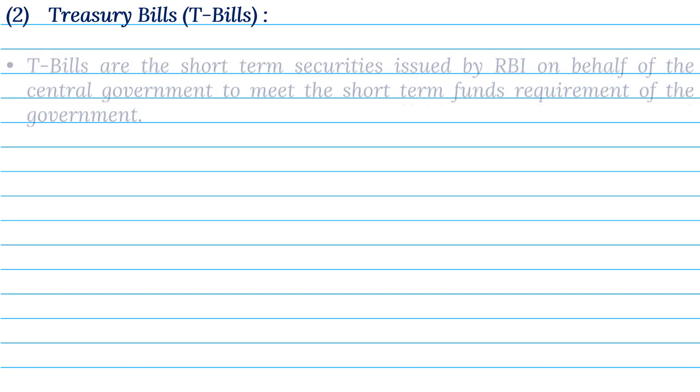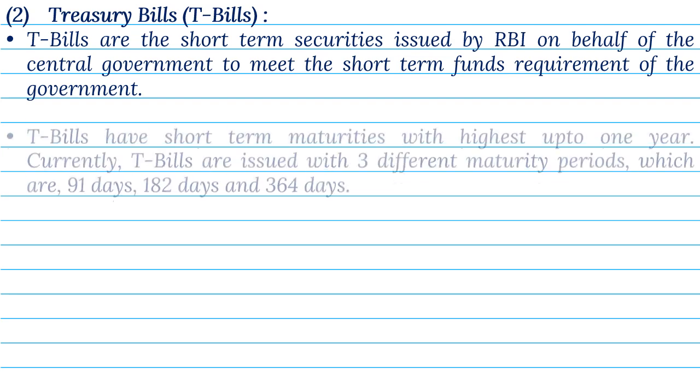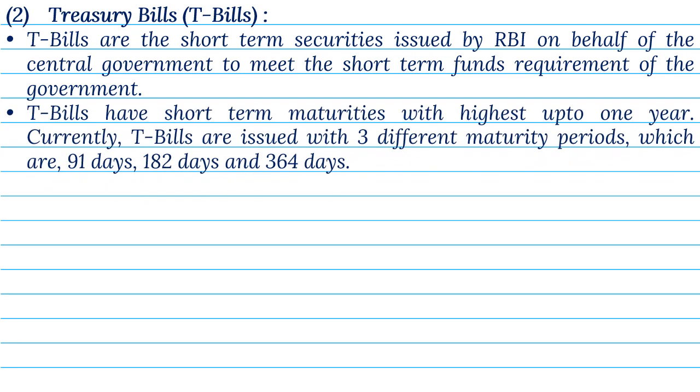2. Treasury bills, T-bills. T-bills are the short-term securities issued by RBI on behalf of the central government to meet the short-term funds requirement of the government. T-bills have short-term maturities with highest up to 1 year.